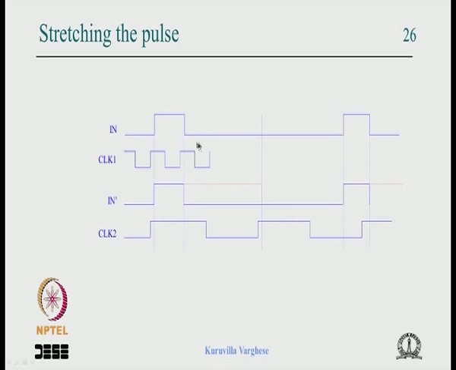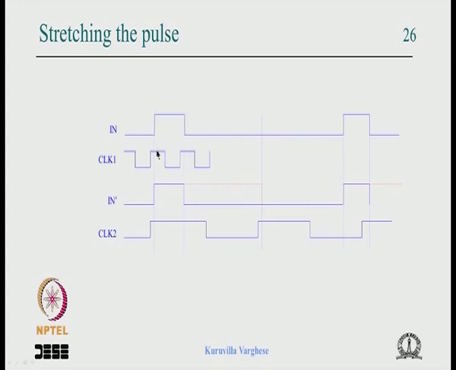The frequency of this signal may not be a regular waveform, but assume the minimum time period between them is 1 microsecond. Then we can say the maximum clock frequency is 1 megahertz, but this pulse is 10 nanoseconds.